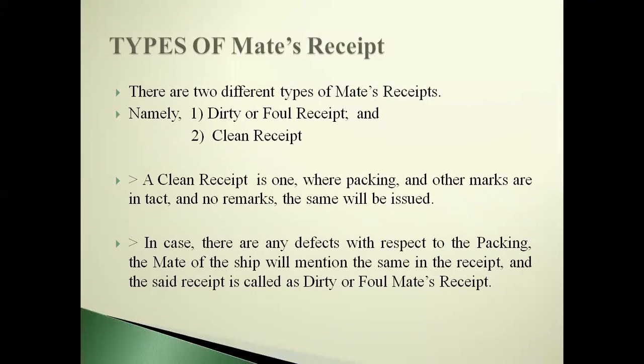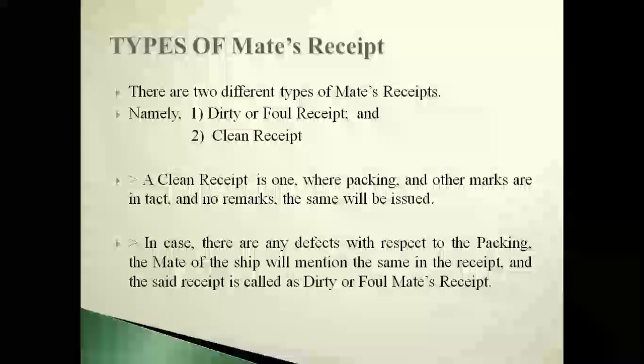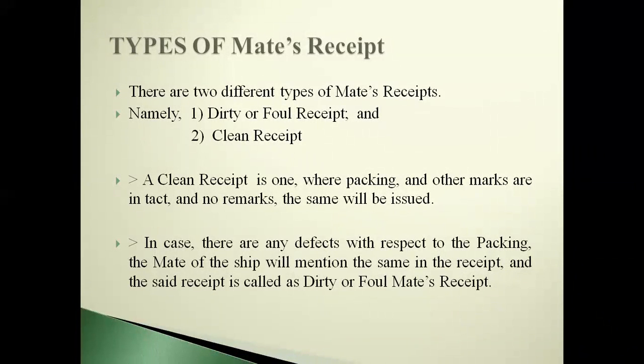Generally, a clean receipt is one where the packing and other marks are intact and no remarks are there. In case there are any defects with respect to the packing, the mate of the ship will mention the same in the receipt, and the said receipt is called a dirty or foul mate receipt.